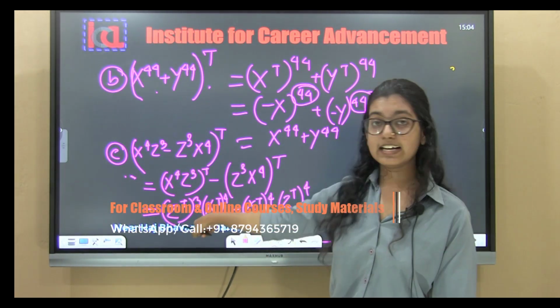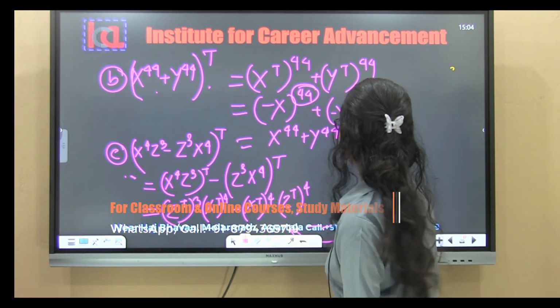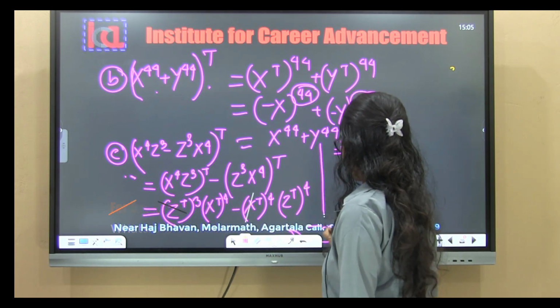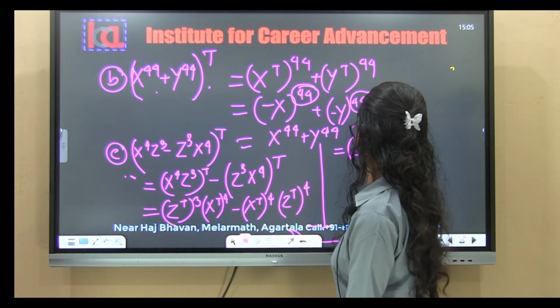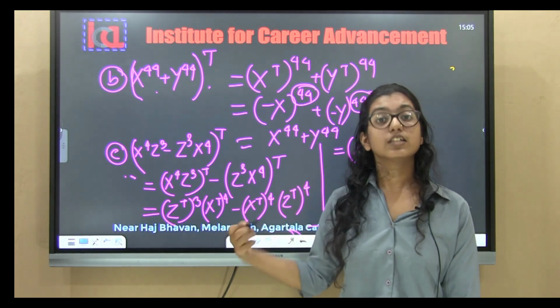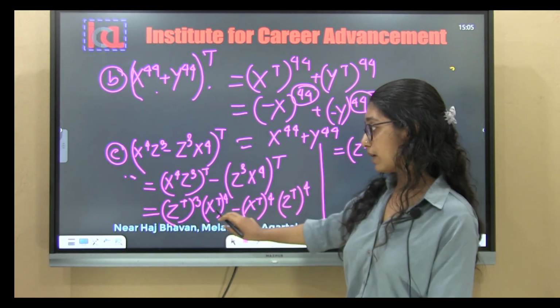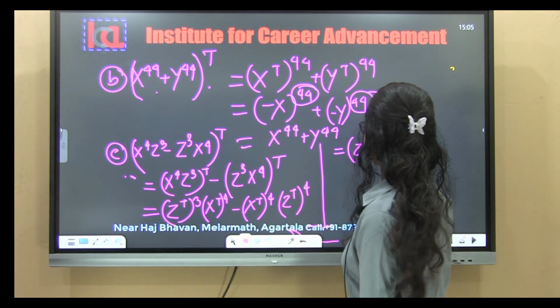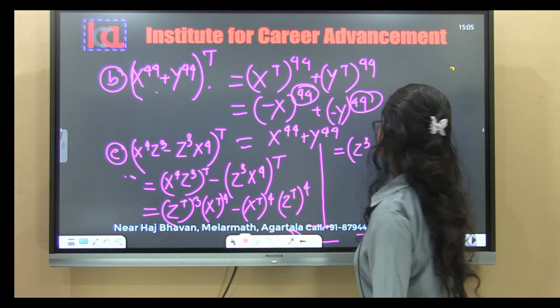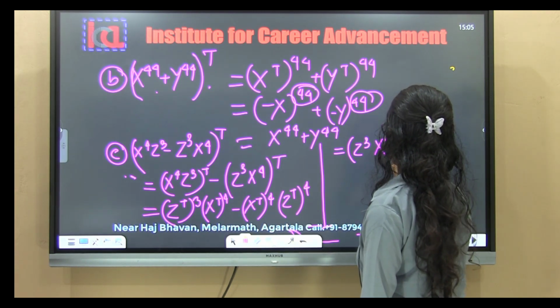So here, since Z is a symmetric matrix, we will directly write it as Z cube. X is a skew symmetric matrix, so minus X, but it is raised to an even power, so therefore it will be X to the power 4.